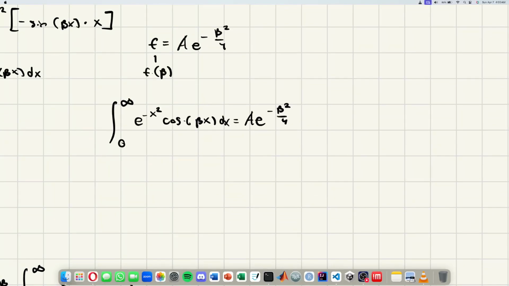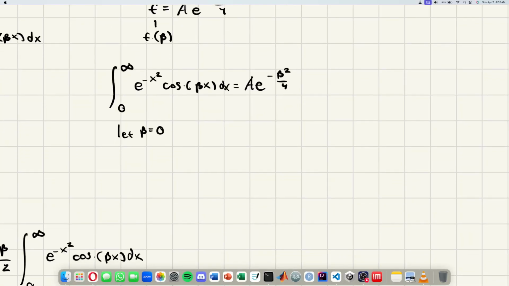To try to find what a is, let's just let beta equal 0 and see what happens. Well, this would just turn into the integral of e to the minus x squared, and if beta were 0, we just get cosine of 0, which is 1.